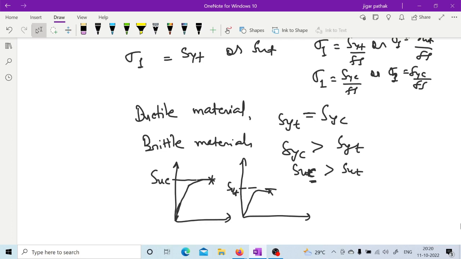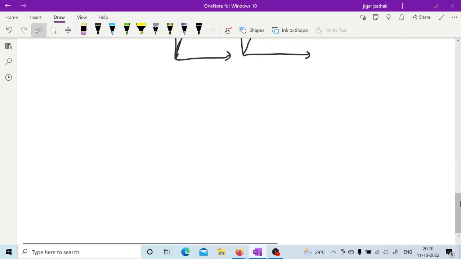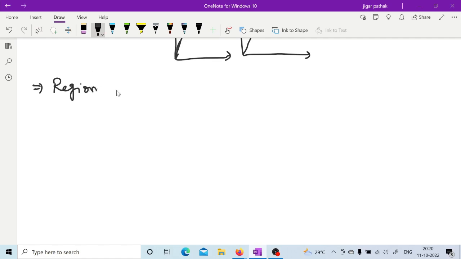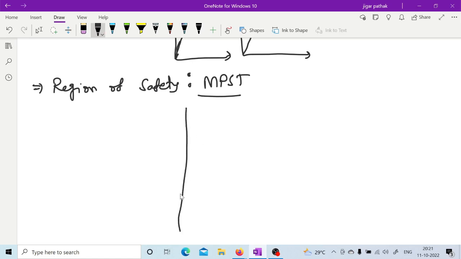Yes sir, yes. Okay, now if we go for the region of safety, that is what is drawn on that figure, the region of safety for this maximum principal stress theory. You have this sigma 1 and sigma 2 plot.